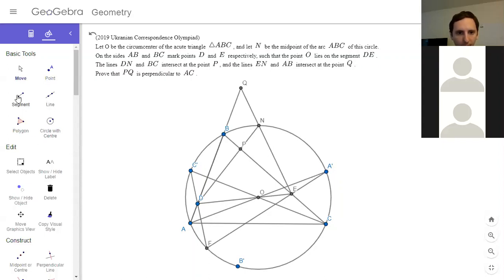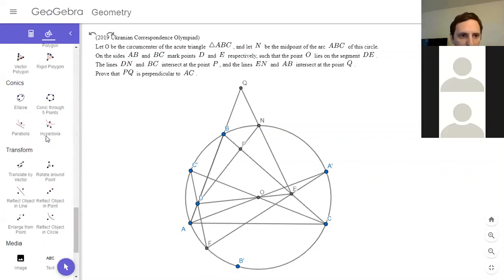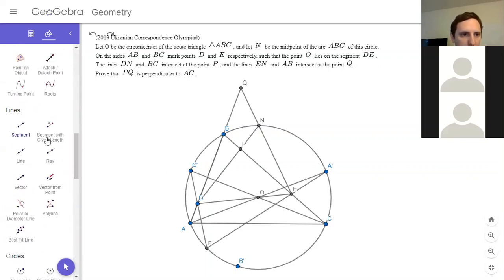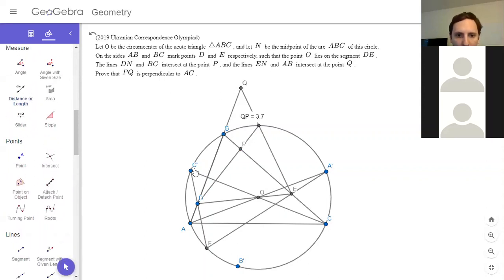Is PQ parallel to AC? AC prime is parallel. A prime C prime is a rectangle, right? No, I'm asking, is the measure of PQ equal to the measure of AC prime? It might be. It looks a little longer to me, but maybe that's just my eyes. Yeah, PQ is a little longer.